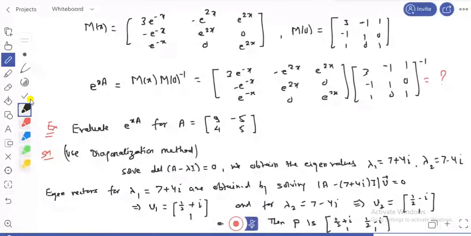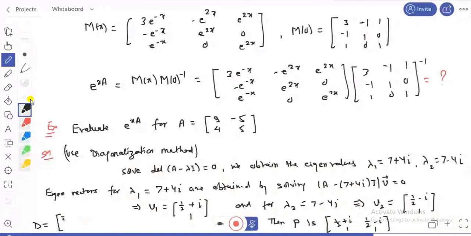This is your matrix P, constructed by eigenvectors v1 and v2. And what is your diagonal matrix D? D is the matrix formed by the eigenvalues lambda 1 and lambda 2, so lambda 1 is 7 plus 4i, and this is 7 minus 4i, and the other terms are 0. This is your diagonal matrix, and this is your matrix P. Okay, so you have to check that P D P inverse equals this matrix A.